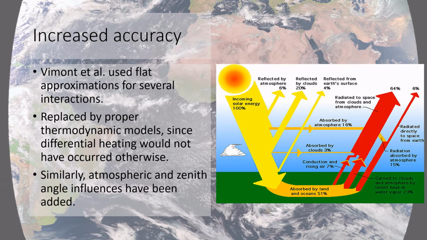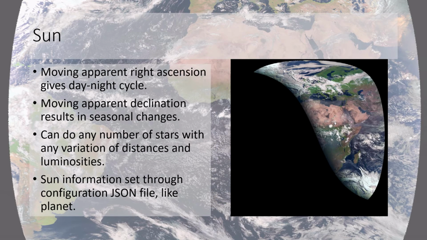Similarly, we also implemented the atmospheric and zenith angle influences that you need for proper latitude differences. So, for example, at the poles, you get much less sun because the sun is lower on the horizon, much more atmosphere to travel through and reflect and absorb light. This is a large part of seasonal differences as well.